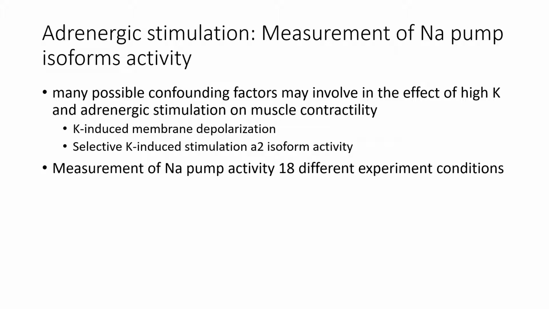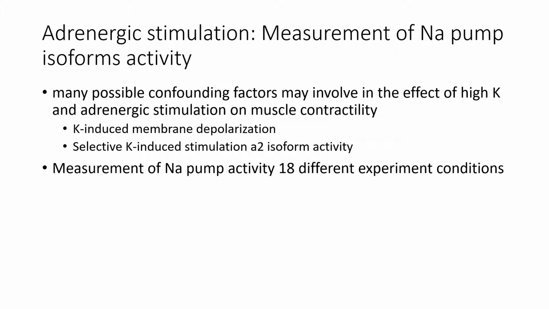There are many confounding factors that may be involved in the effect of high potassium and adrenergic stimulation on muscle contractility that I measured, because muscle contraction is a multifactorial, very complex process.